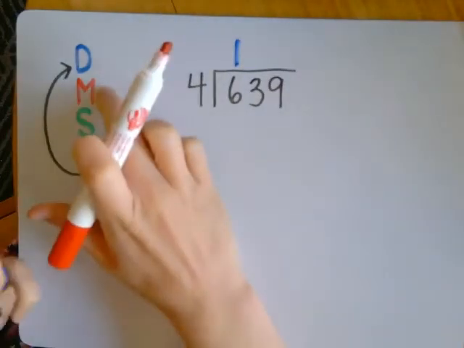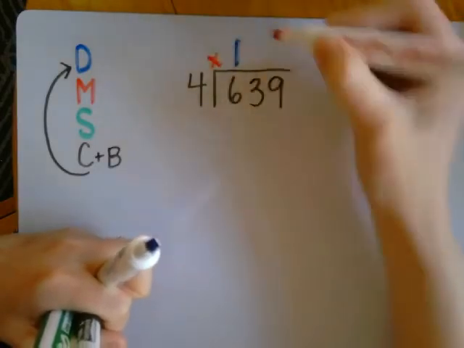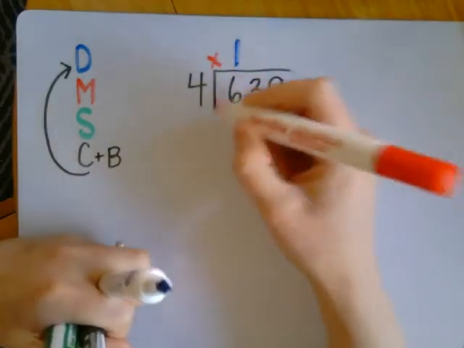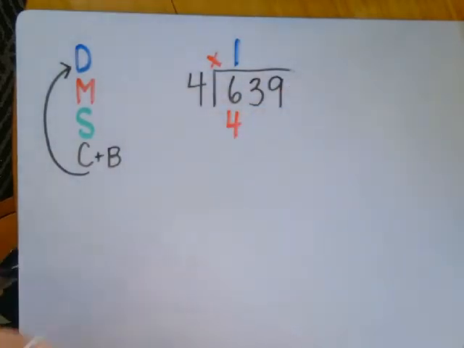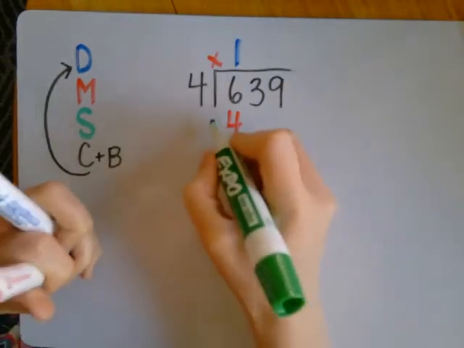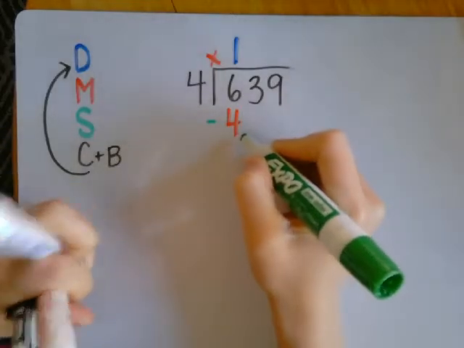My next step is to multiply. So I need to take 4 times 1, which gives me 4, and put it right below the 6. Next, I need to subtract what I originally started with from how many I can make.